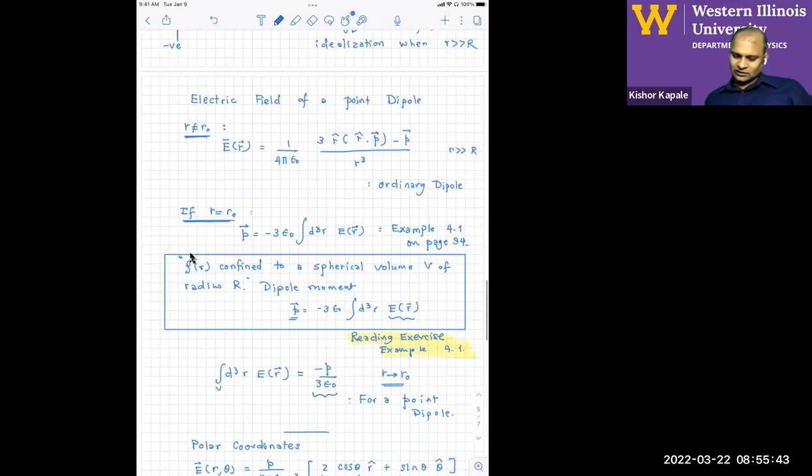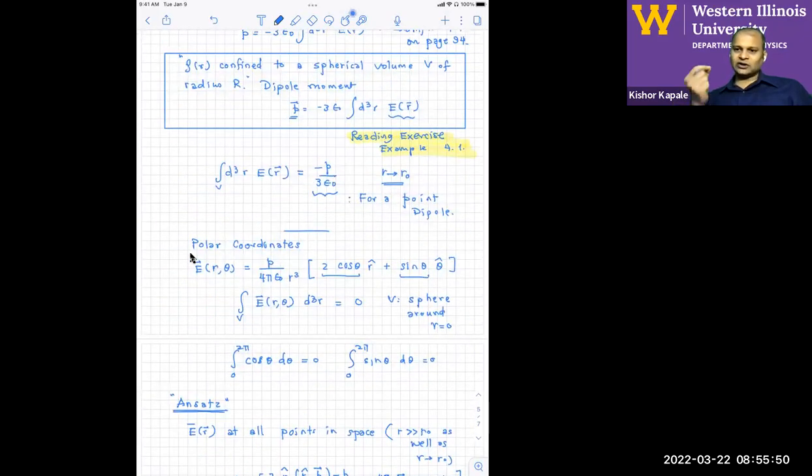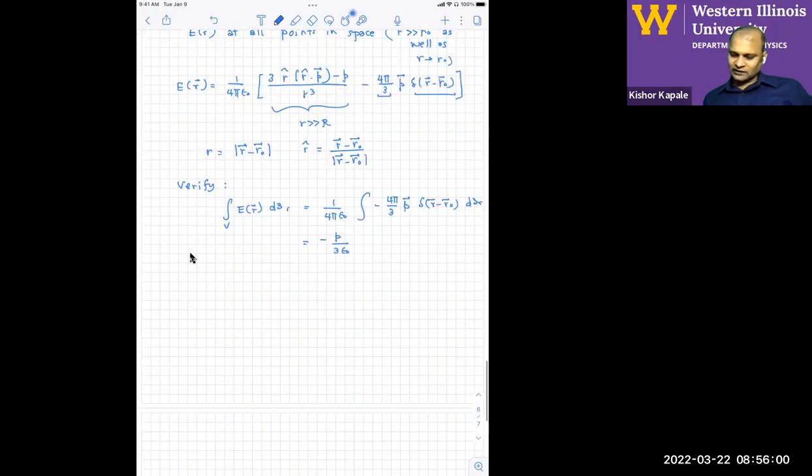The electric field is like this for r not equal to r0. And if the position of the dipole itself is the observation point, we want to get closer to the charge distribution, then the expression that we got from the multipole expansion is not sufficient. Remember, it only is valid within this range.